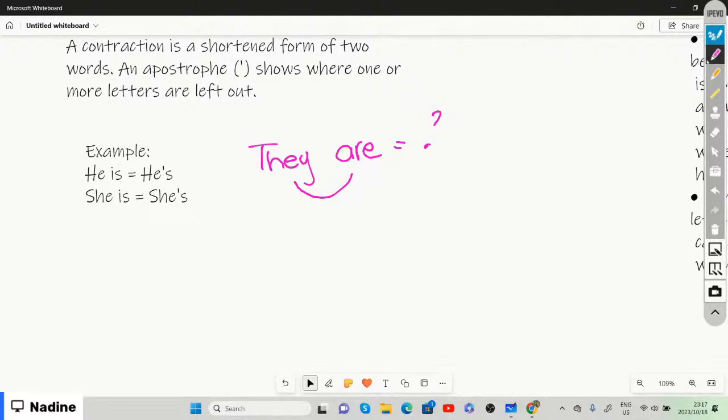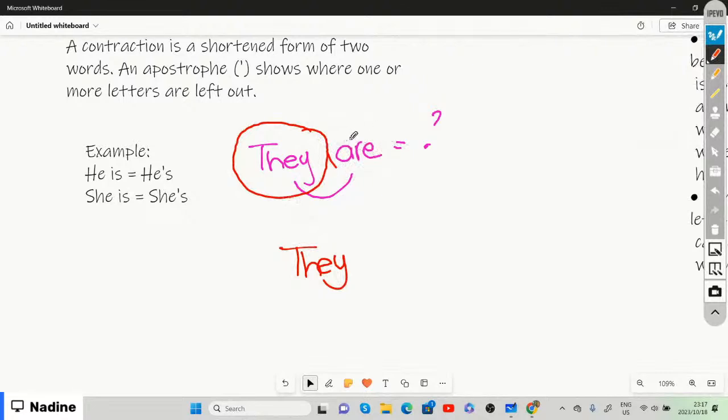All right, so if we find the contraction of they are, remember, we're still going to keep this one word. So this word is still going to be they, and we are only going to change the second word.